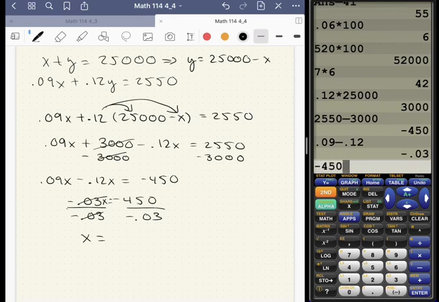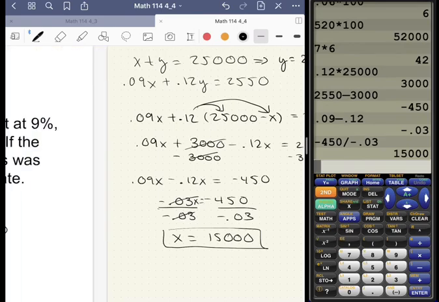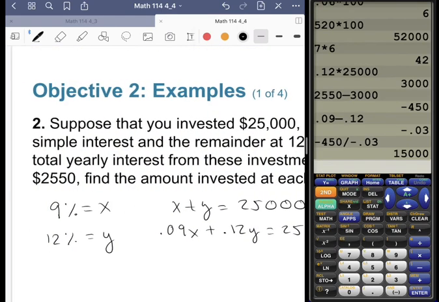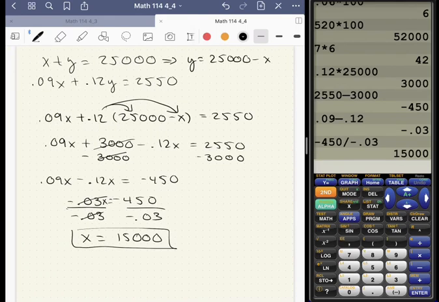So x is equal to negative 450 divided by negative 0.03. That means that 15,000 were invested in the x account, the one for 9%.